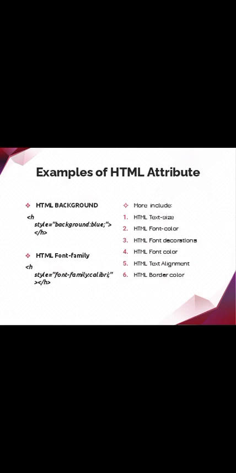This is how to input it in your coding. We can see the HTML font family and others, which are the HTML text size, HTML font color, HTML font decoration, HTML alignment, HTML border color.